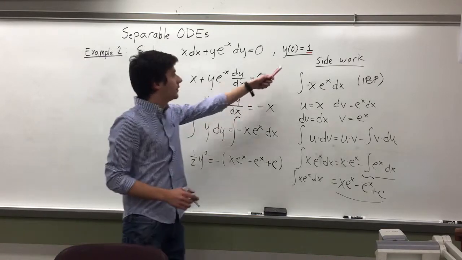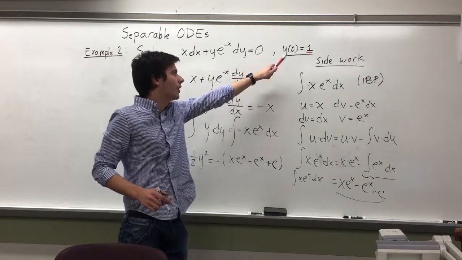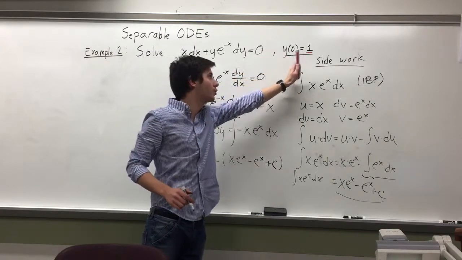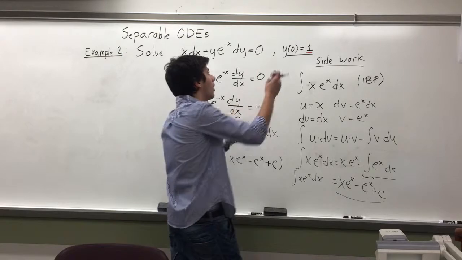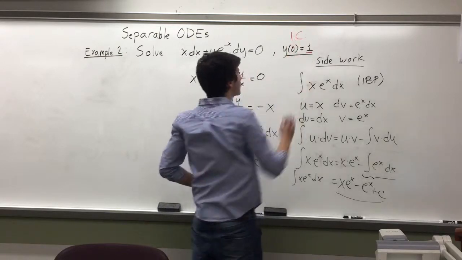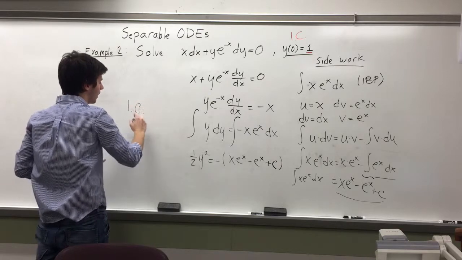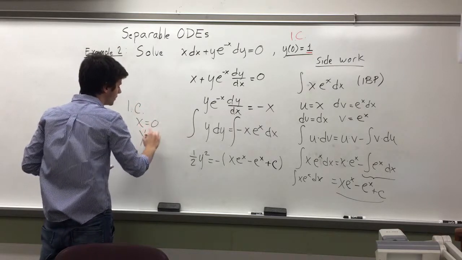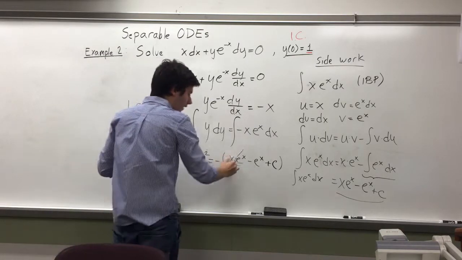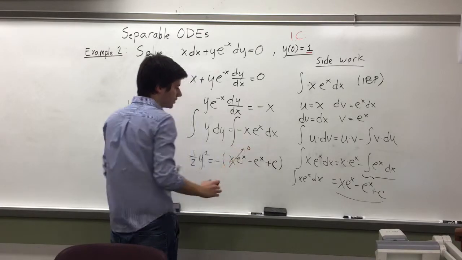However, we were given an initial condition. When x is equal to 0, y is equal to 1. That is our initial condition. So by imposing our initial condition, x is equal to 0, y is equal to 1, this term vanishes.